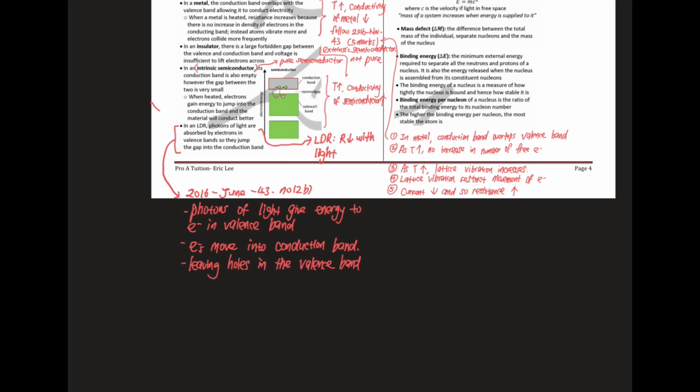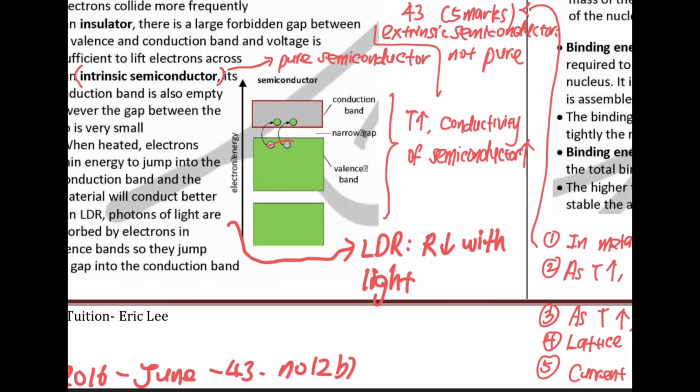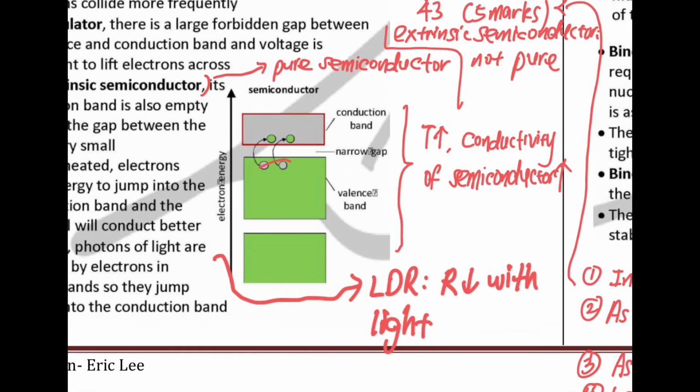So what are holes actually? Imagine the electrons initially stay at a particular place. So when the electron goes away, you look at this picture here.